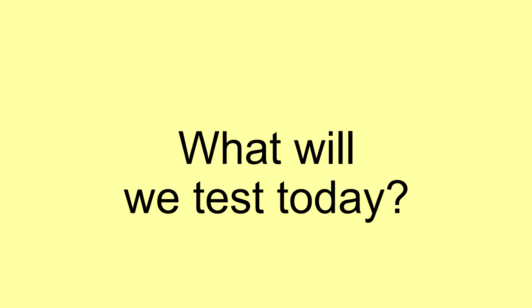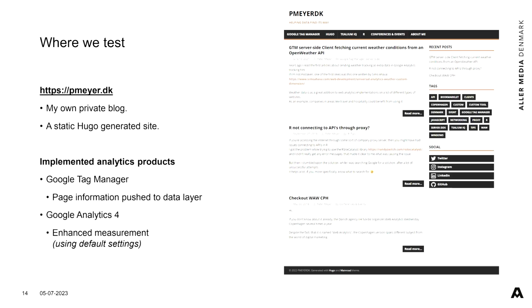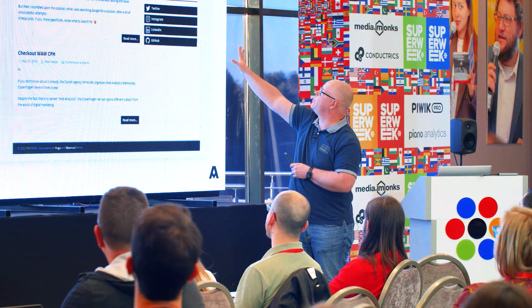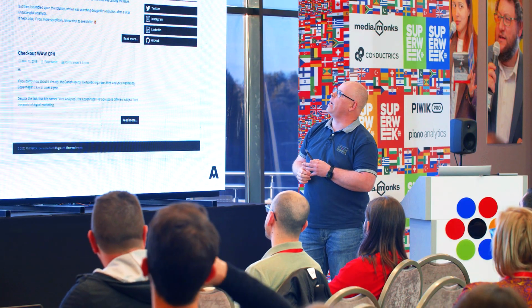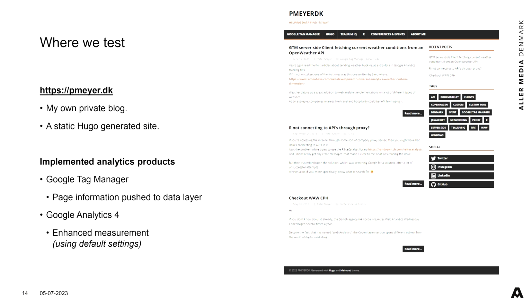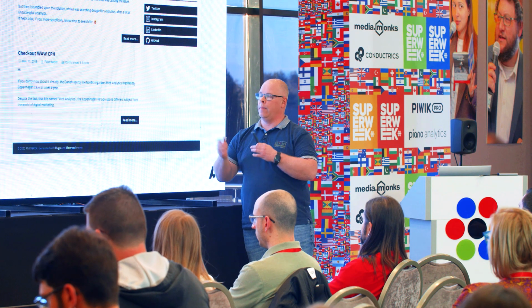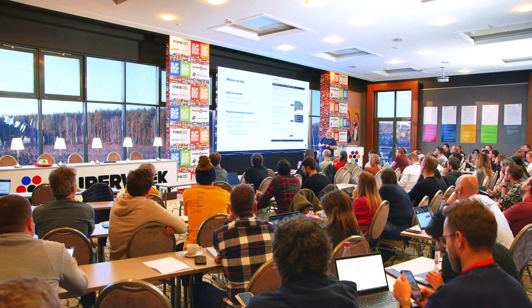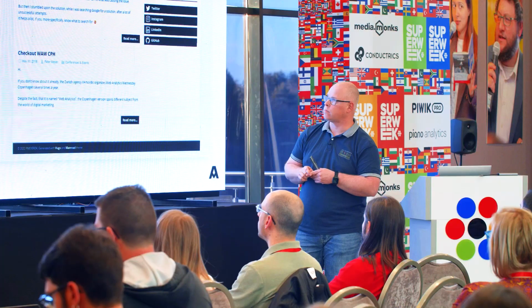So what would we like to look at testing-wise today? This very nice site. This is so nice, especially the colors. This is my, let's say, sporadically updated blog. Very much public, but sporadically updated. It's a static site generated by the static site framework Hugo.